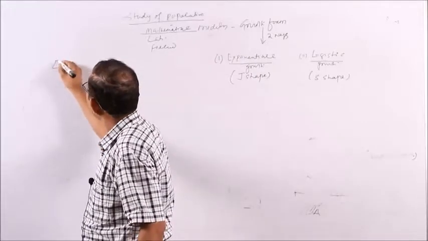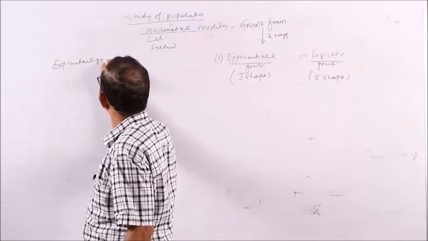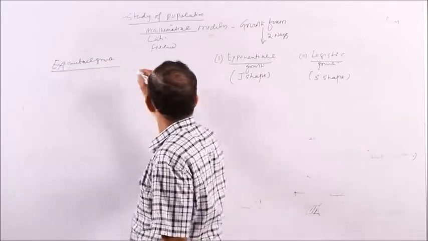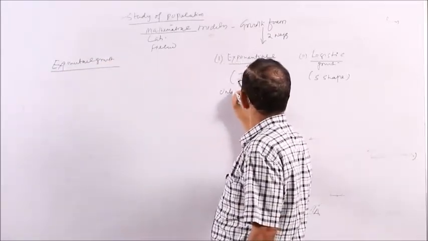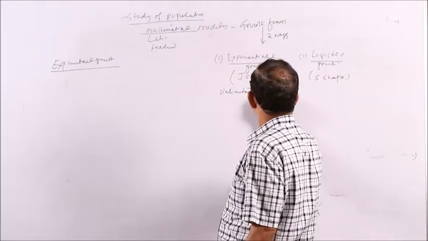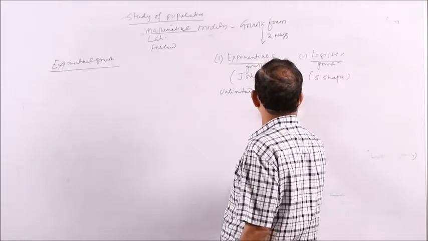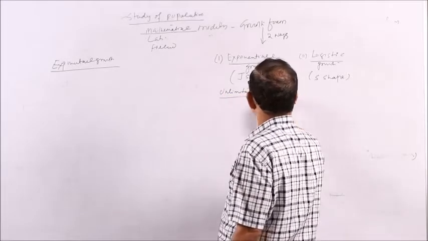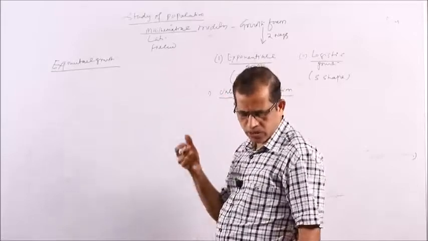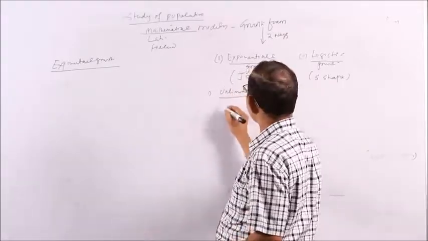So, what we can say is that exponential growth is unlimited. With unlimited, that means there is no restriction. So, it will go on producing its offspring.